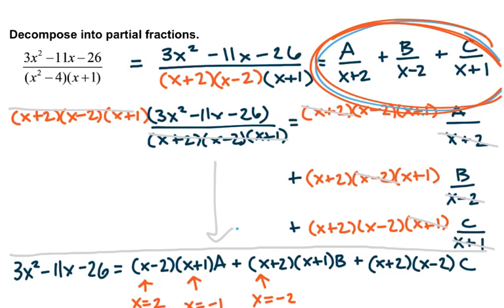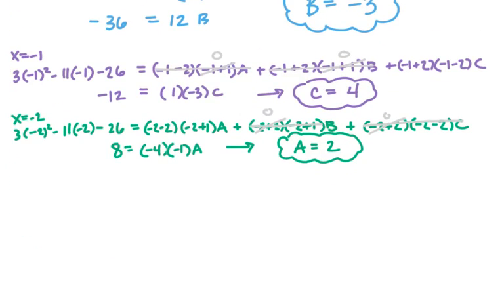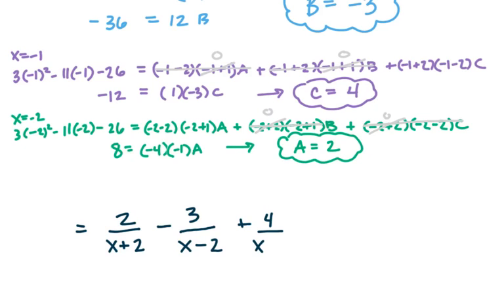So I'm going to go down to the bottom of my page and write that out. We have the original fraction is equal to 2, because that's my A value, over x plus 2, minus 3, notice there's a minus there, over x minus 2, and then plus 4 over x plus 1.